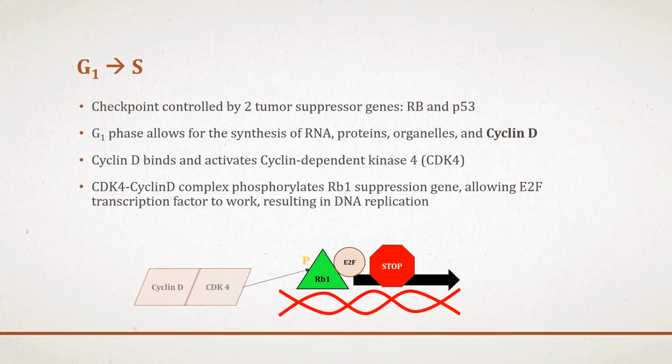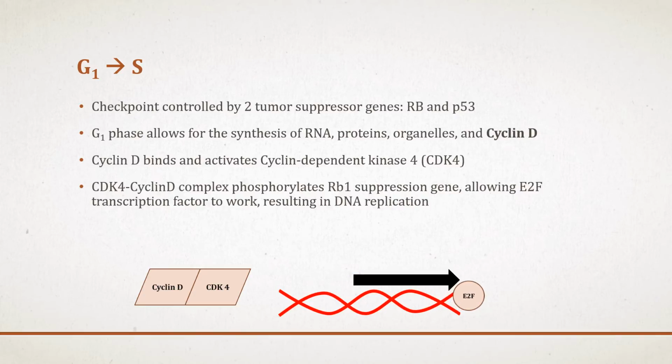So this complex phosphorylates RB1. RB1, when phosphorylated, becomes inactive. Therefore, E2F, which is a transcription factor, is free to do what transcription factors do, and that's proliferate cells.